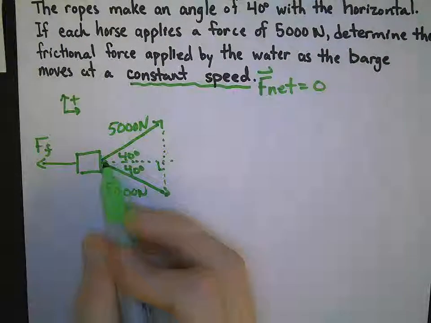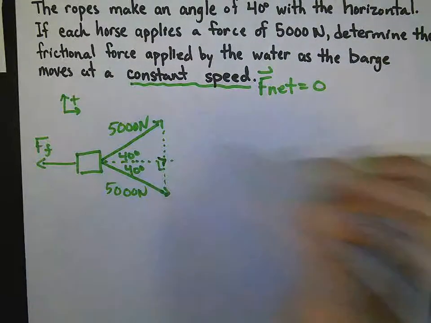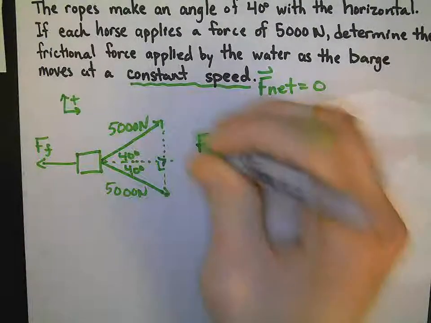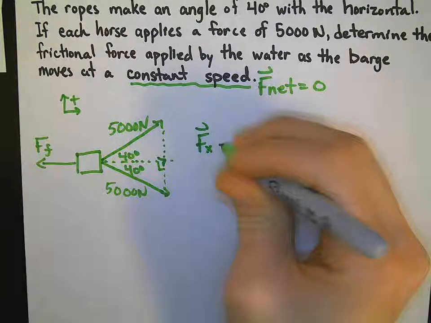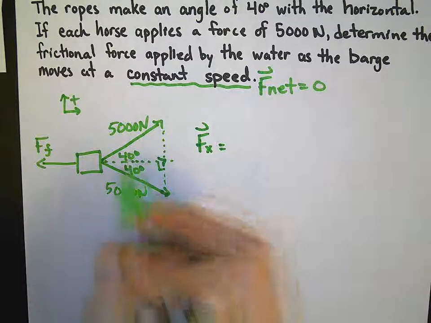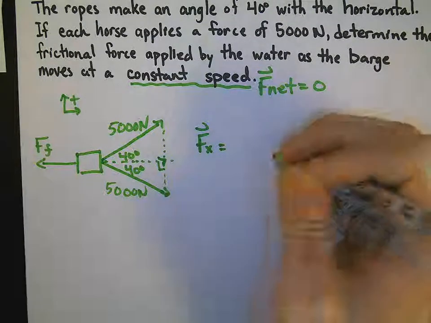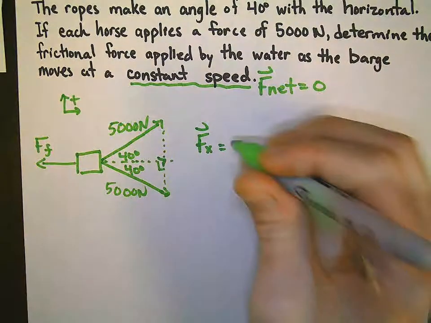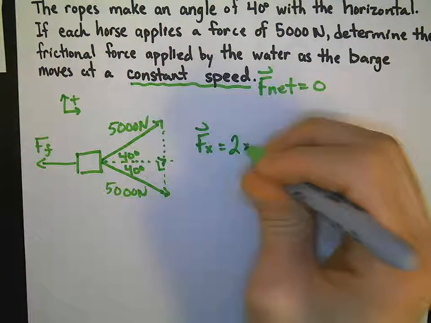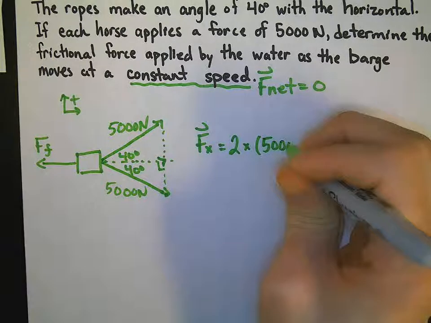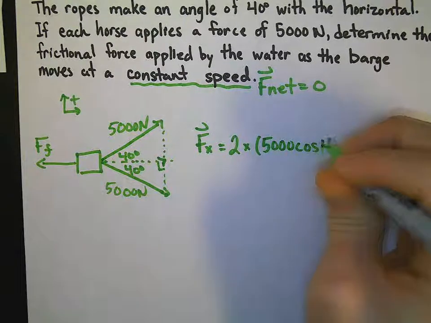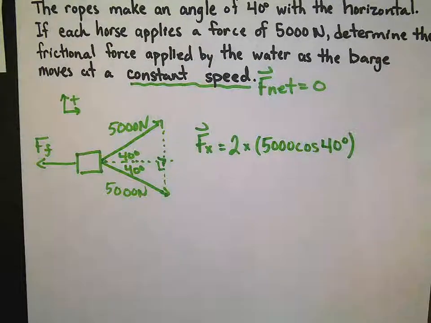However, acting in the positive direction, we see that our force in the x direction is actually going to be the same for each horse. So we can assume in this case that our force is going to be 2 times 5,000 cosine of 40 degrees.